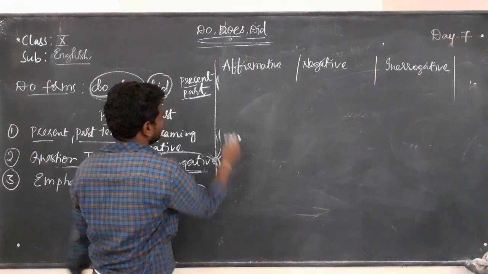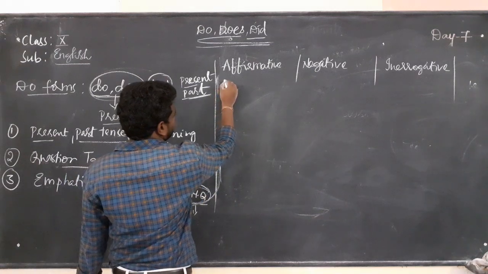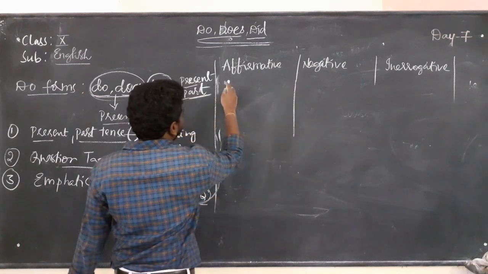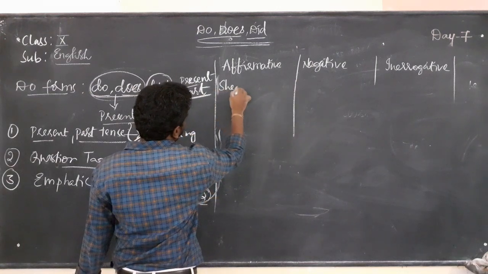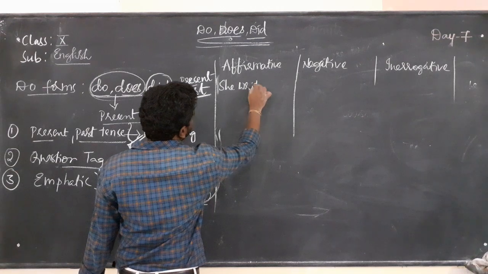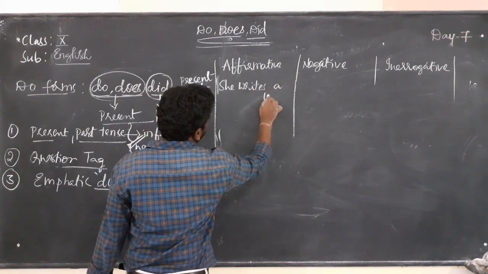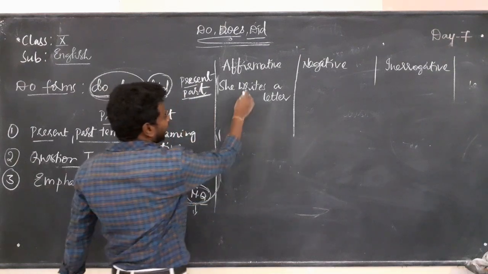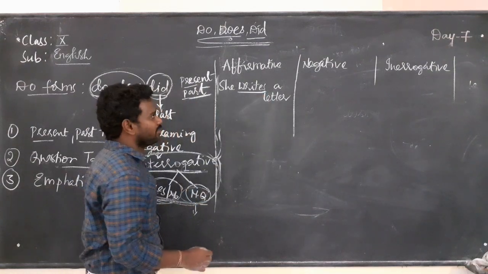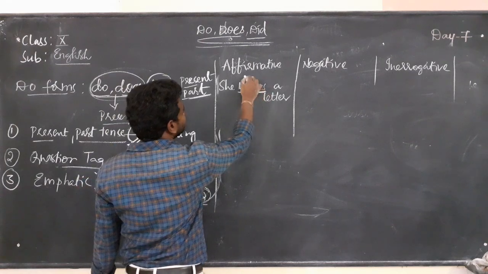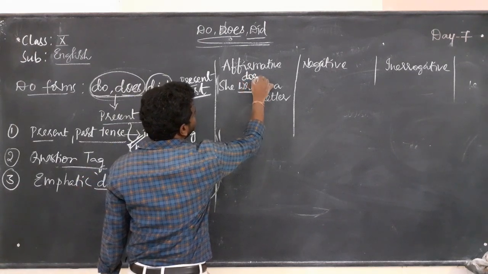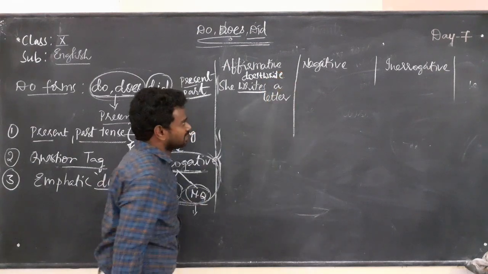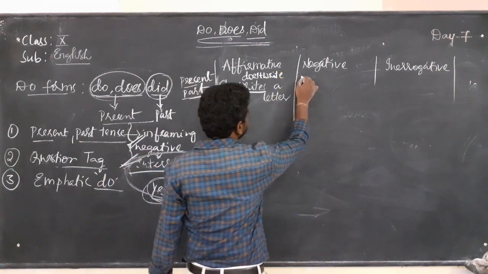For example, I say that she writes a letter. Writes is what? Base form of verb. So writes means does plus write, isn't it?